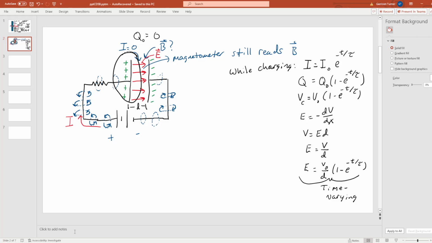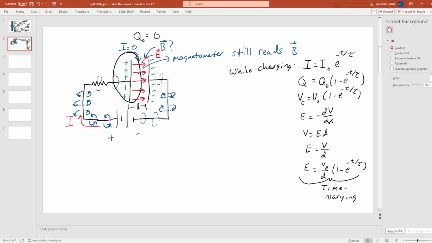This is a very elongated sphere, but you'll see that there's electric field flux through that sphere.